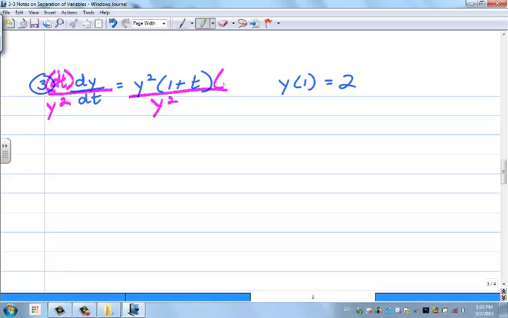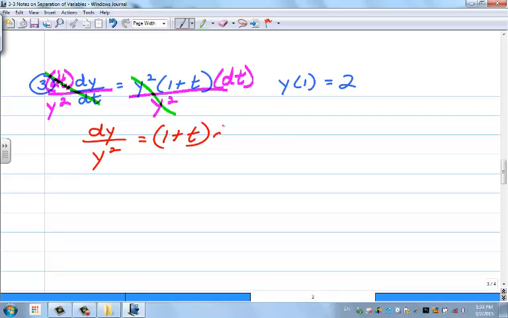When I do that, my y squareds disappear over here, my dt's disappear over here, and I end up with dy over y squared is equal to 1 plus t dt. Now integrating both sides is the next step, so let's go ahead and do that.